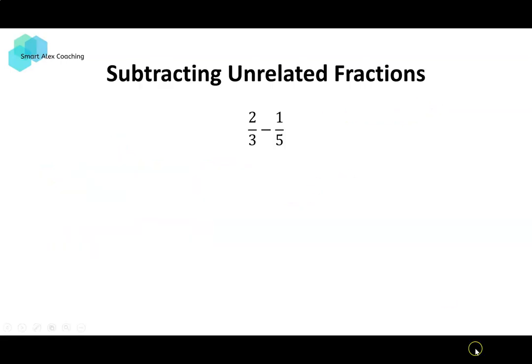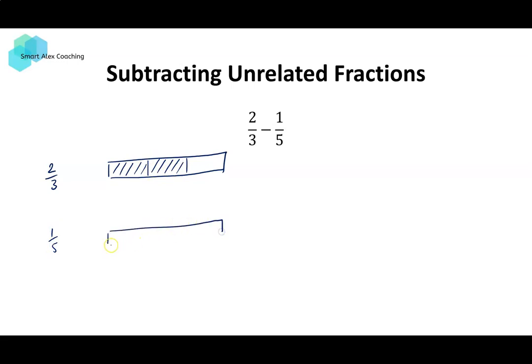Subtracting unrelated fractions. Again, let's look at 2/3 take away 1/5. 2/3 can be represented using a rectangular bar divided into 3 equal sections, and I'm going to shade 2 units out of the 3. 1/5 is this much, the same rectangular size bar, divided into 5 equal sections, and I'm going to take 1/5. Suppose I want to take this quantity away from the top bar.